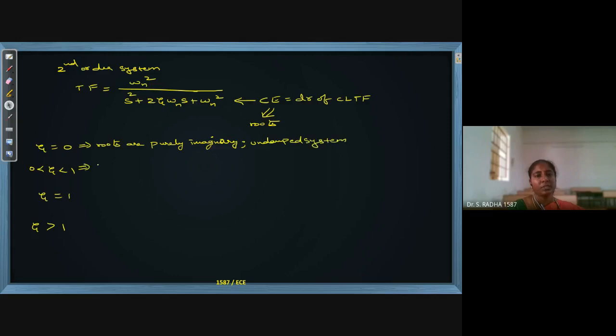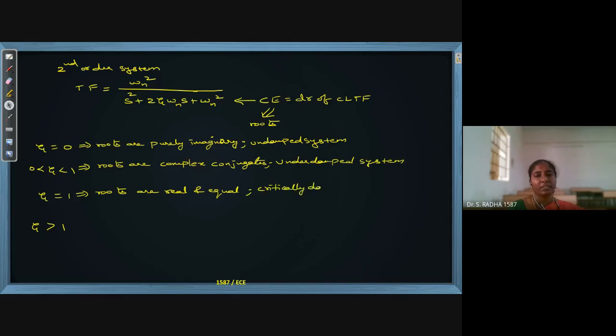Between 0 to 1, roots are complex conjugates, a plus jb, a minus jb. It is called an underdamped system. Then equal to 1 means roots are real and equal. In this case, it is called a critically damped system.